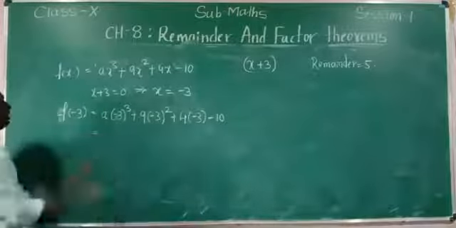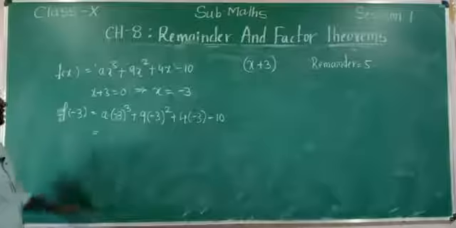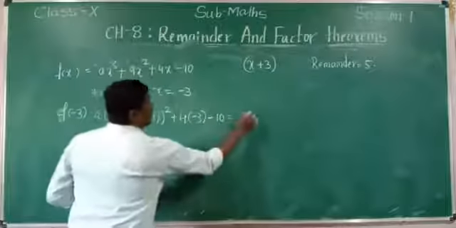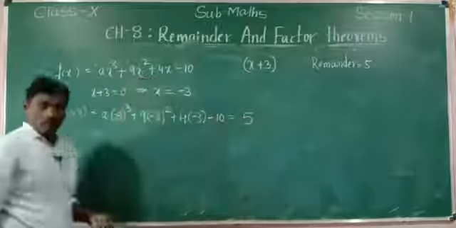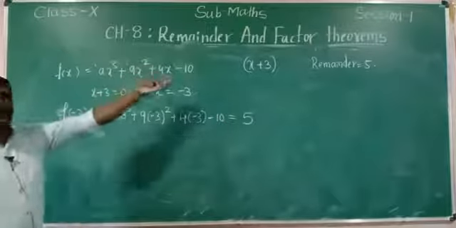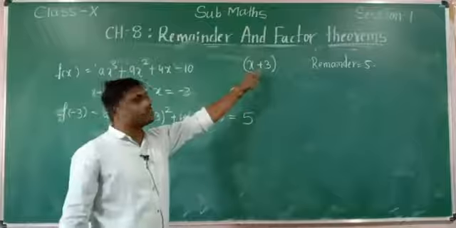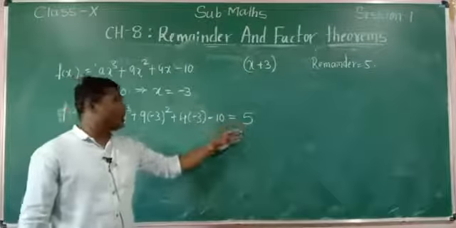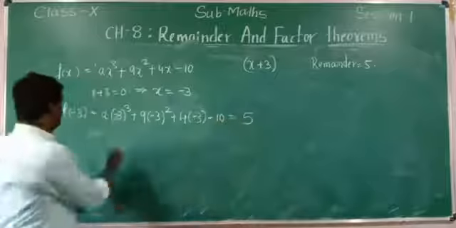Now the remainder of the equation is already given. What is that remainder? The remainder is equal to 5. By substituting x equal to minus 3 in the given expression, we get 5 as the remainder. Okay, now simplify this one.